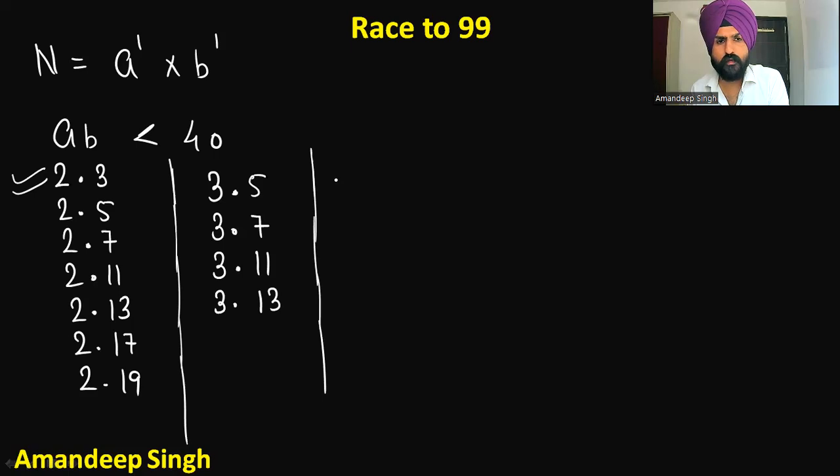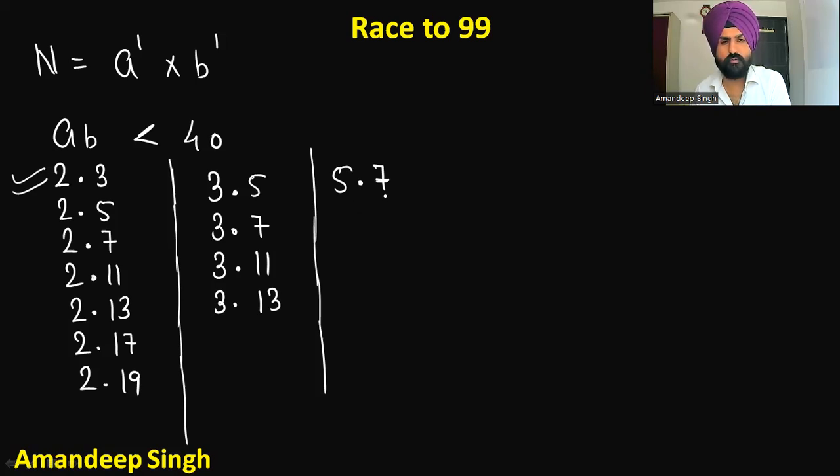And if I take a as 5, I will not take 2 or 3, because the cases will repeat. So if a is 5, b could be more than 5, say 7. 5 into 7 is 35.